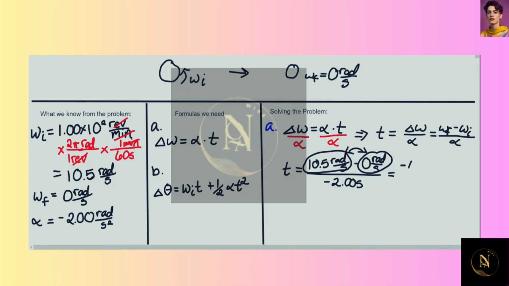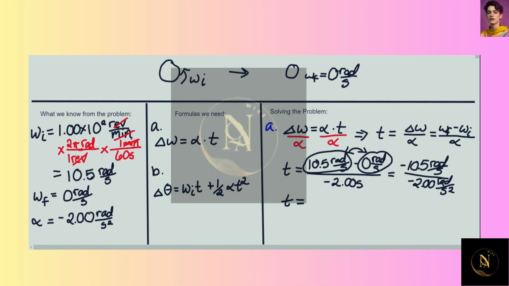But what you'll end up with is negative 10.5 radians per second. And then you'll divide that all by negative 2 radians per second squared. So now I'm going to get a negative divided by a negative, and that's going to give me a positive, which makes sense for time.